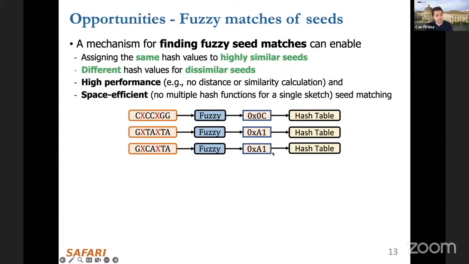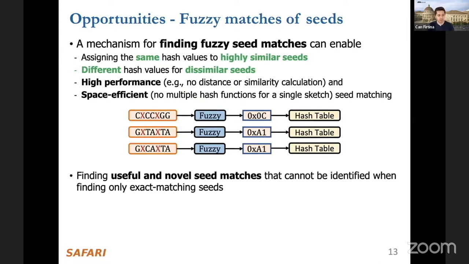And we want this method to be space efficient, meaning we don't want to generate multiple hash functions or multiple hash tables as usually done in many locality sensitive hashing methods to identify seed matches by, for example, calculating the Jaccard similarity or by finding a single seed match in one of these multiple hash tables. So it needs to be space efficient as well, ideally by using a single hash table.